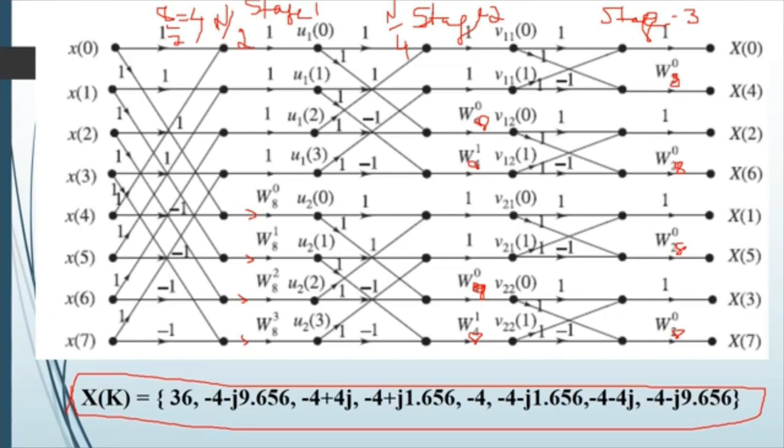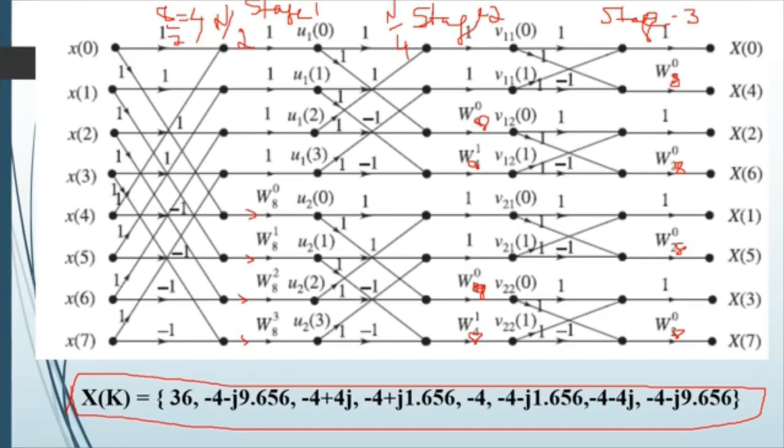For the 4 point DFTs we are using 4 twiddle factors, 0 to 3. Then n by 4 point DFT follows. This is stage 1, this is stage 2, and this is stage 3.